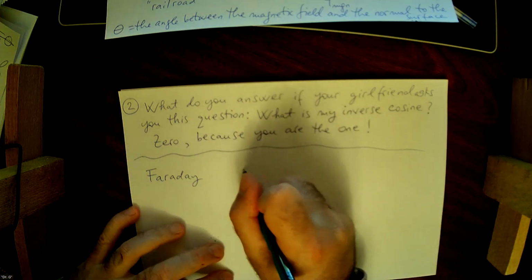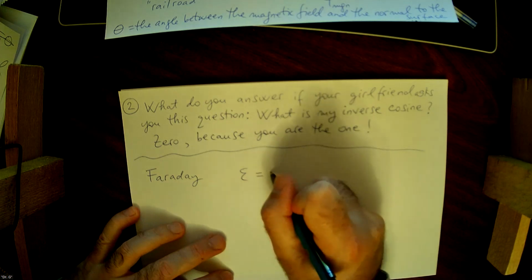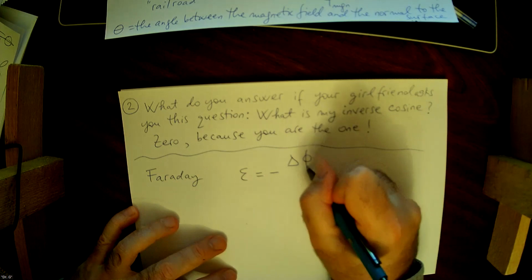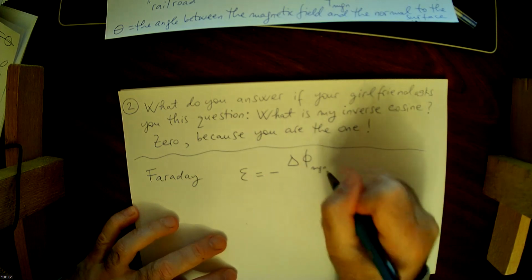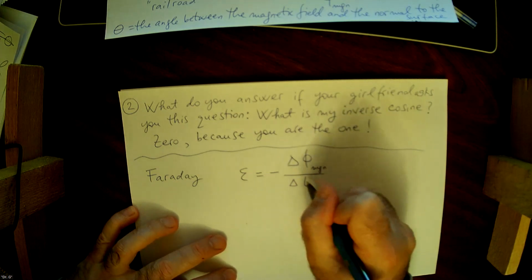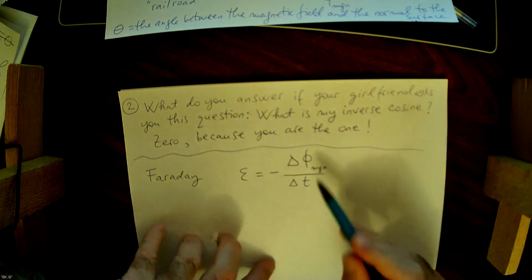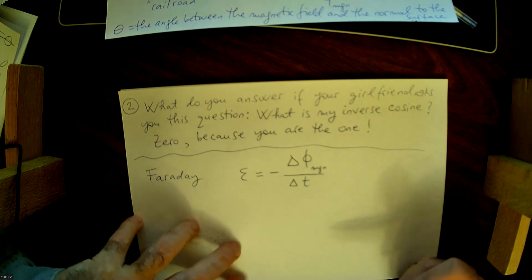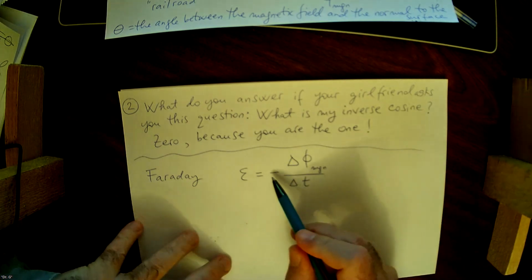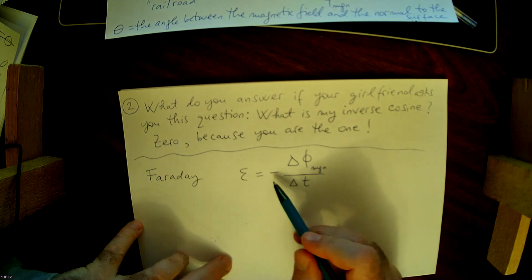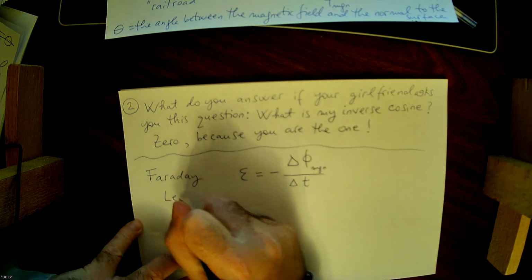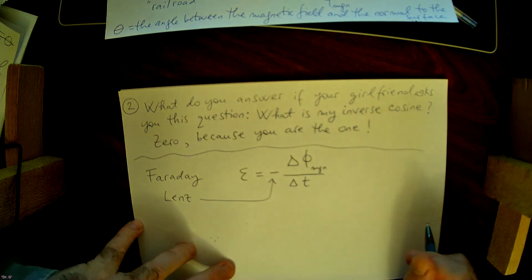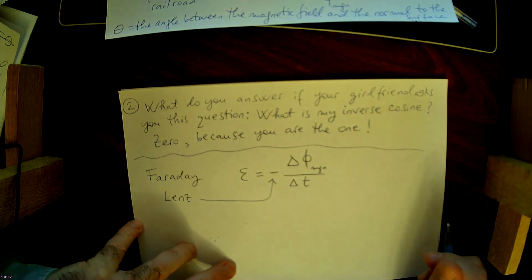The induced EMF is negative delta magnetic flux over delta time. So the change in magnetic flux over the change in time. And this minus in front is there only to remind us of Lenz's law.